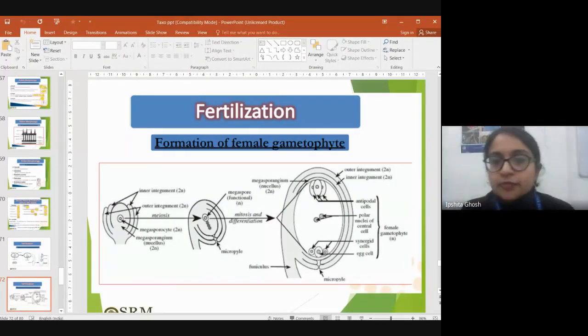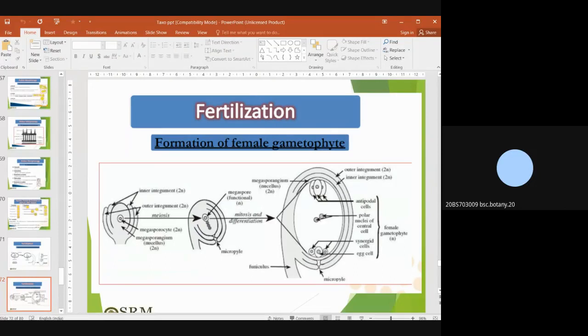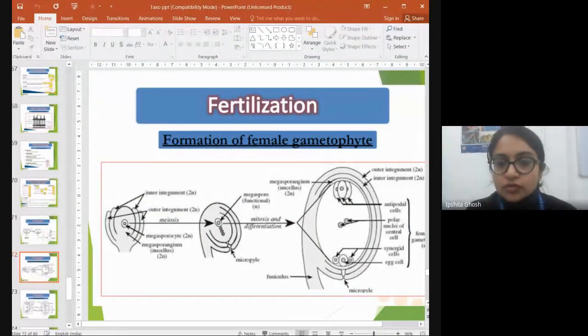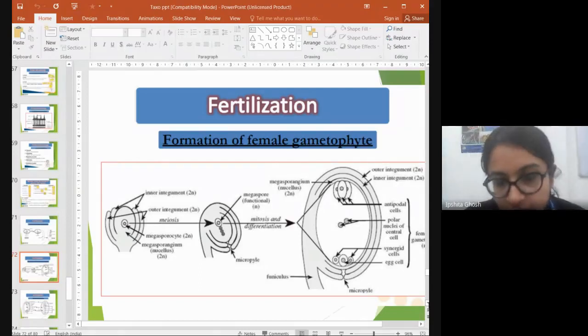Yes, who said endosperm? Roll number 9. Yes, right. So it is leading to the formation of the endosperm, right? So that's why it's called double fertilization, because there are basically two types of fusion taking place in this process.